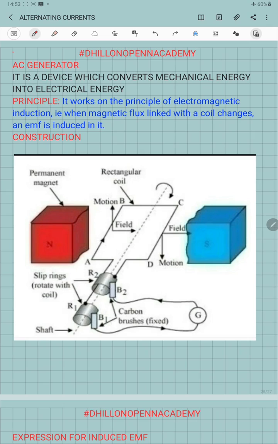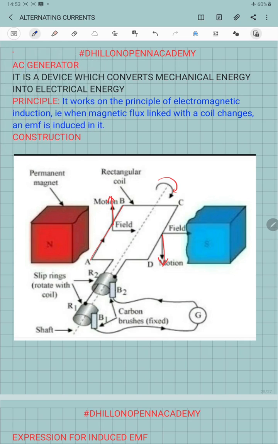Now let us see how this works. Suppose the axle or the shaft attached to the coil rotates the coil in the clockwise direction, due to which the arm AB of the coil will be moving in the upward direction, while CD will be moving in the downward direction.